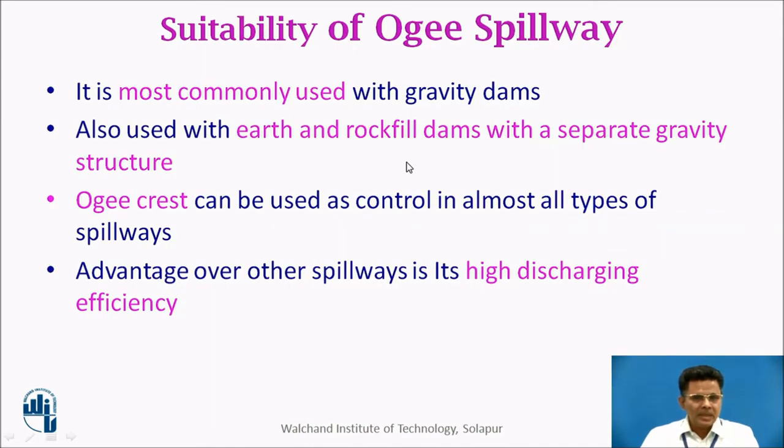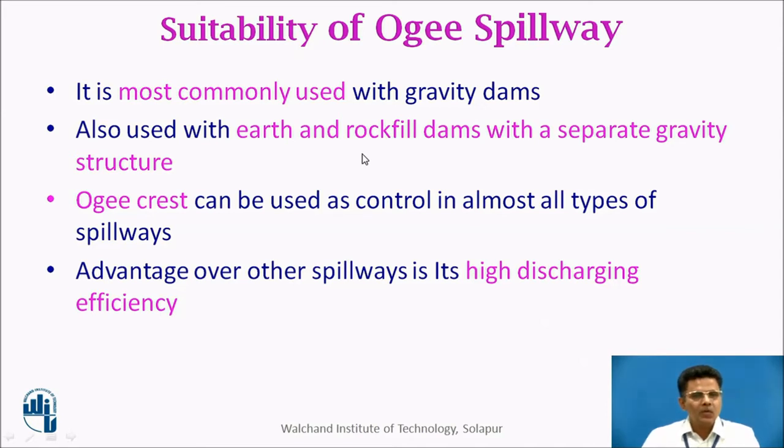Now, let us discuss the suitability of the Ogi spillway. It is the most commonly used spillway with gravity dams. Also used with earth and rockfill dams with a separate gravity structure. It means we can have dams such that the central portion where the depth of the river is more is constructed as a masonry dam or concrete dam, and the remaining portion is constructed as an earth dam and rockfill dam.